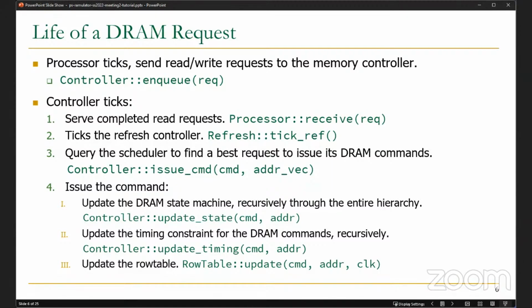So instead, we use a table-like structure to track the individual states of each row in a bank. In the common implementations, we only keep the corresponding data of the currently activated row per bank in the row table.